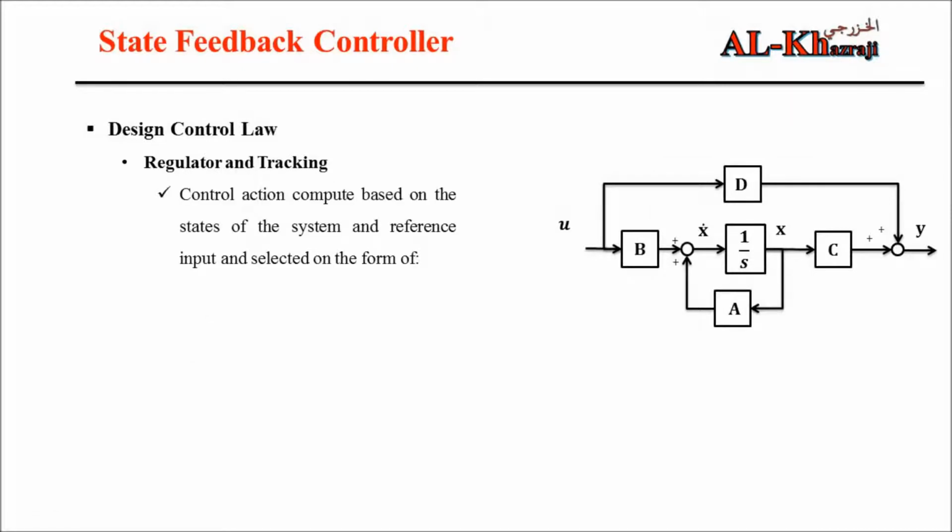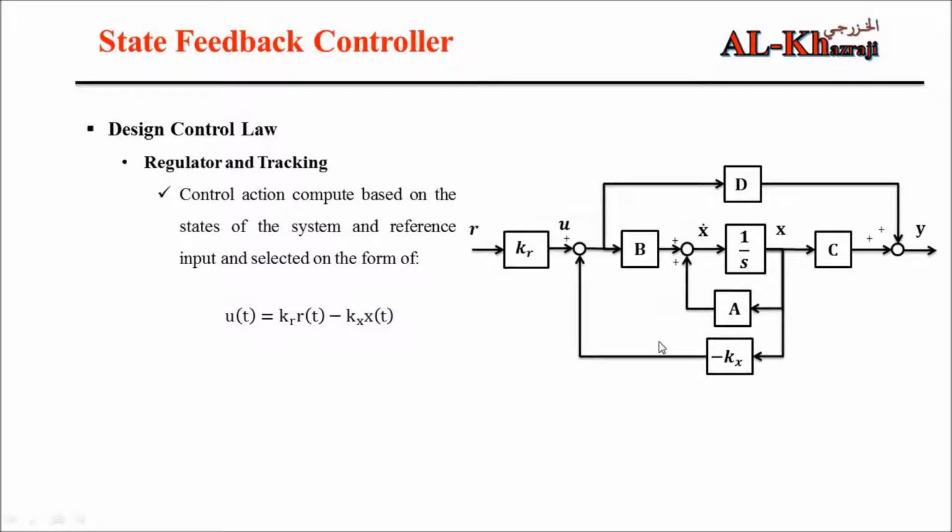The control action will be computed based on the state of the system and the reference, and it will take the form U, which is the control law, equals the forward gain Kr multiplied by the reference minus the feedback gain matrix Kx multiplied by the state X. If this is our system without any controller, with the controller it will be like this: the state multiplied by the gain Kx and the reference multiplied by the forward gain Kr. And these two terms will be the control law U.